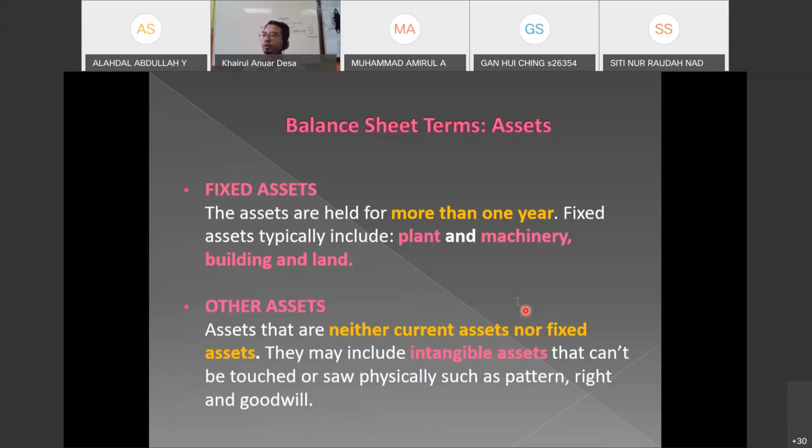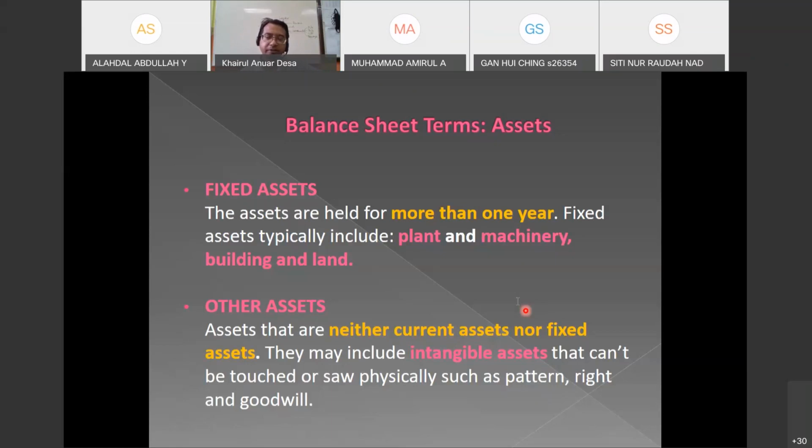But suddenly you emboss ataupun you jahit the logo Levi's dekat jenama, dekat seluar jean yang sama kualitinya. So the price now increase from 100 ringgit become 200 ringgit. Because of what? Because the goodwill. Because the good brand names. That is the goodwill. Setakat tu boleh faham?